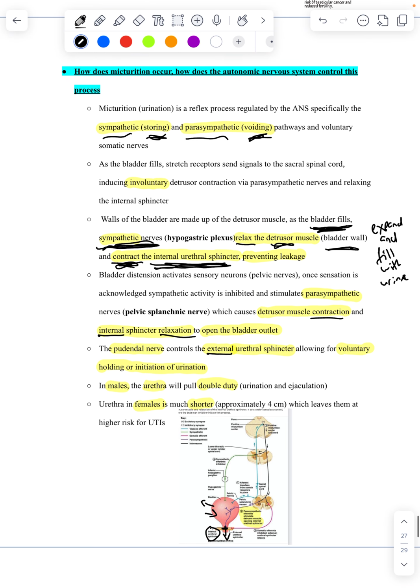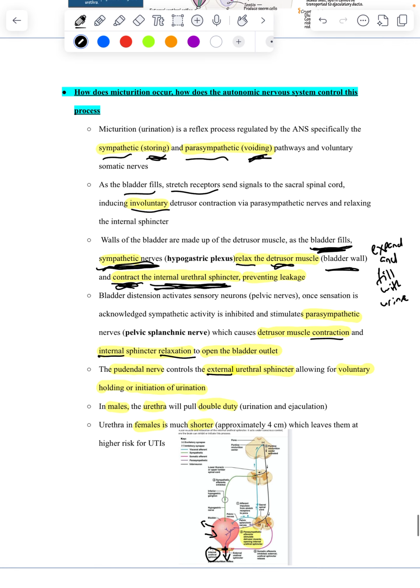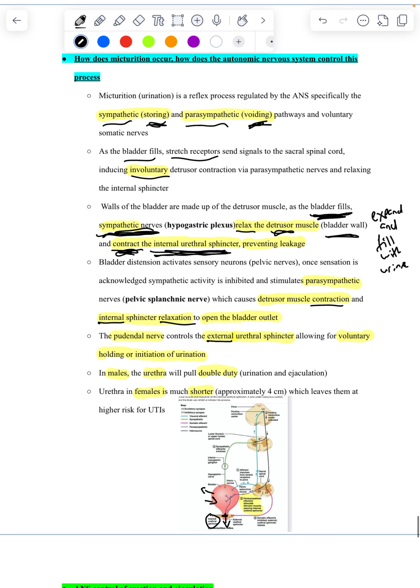So when the bladder is filling, the stretch receptor, this is involuntary. You don't tell your bladder, hey, start filling up, right? But you can control whether you void or not. We said sympathetic, bladder fills, so your detrusor is relaxed because it's getting bigger, it's storing it, and it will close the internal urethral sphincter so you don't leak.